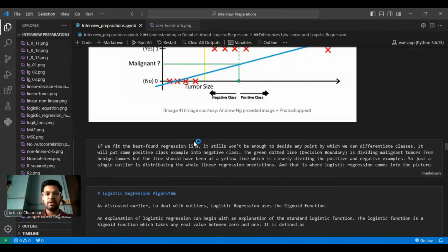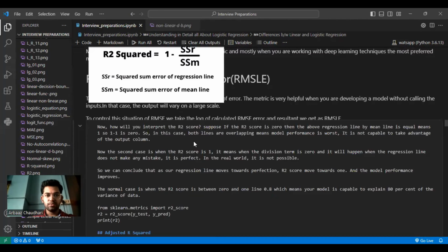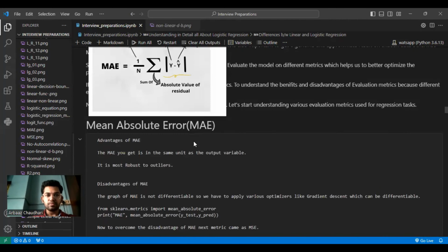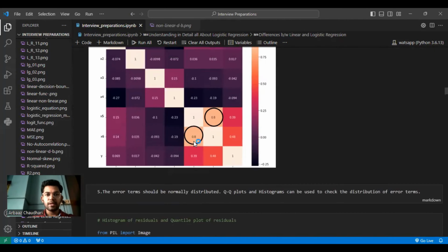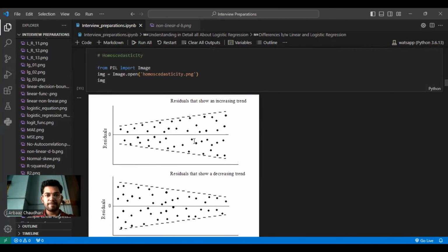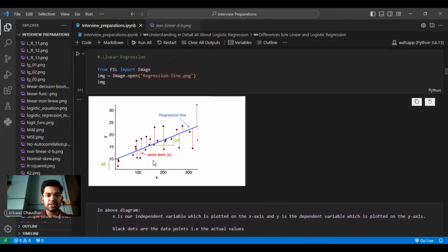I will show you in the linear regression diagram.